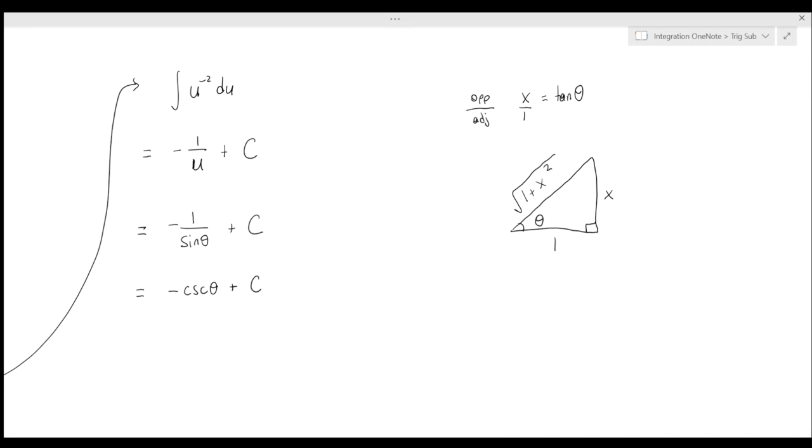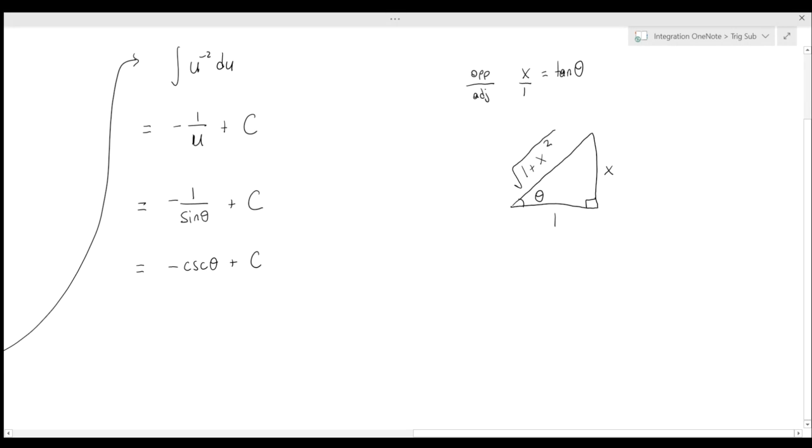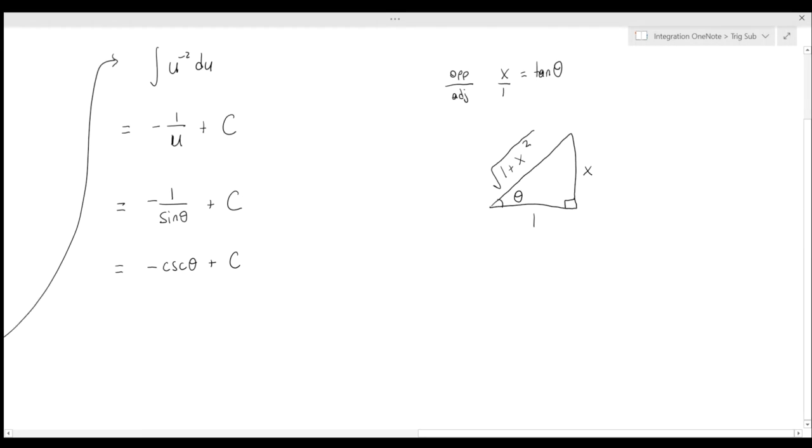And now from this triangle, I just want to rewrite cosecant of theta in terms of the sides of this right triangle. So cosecant was 1 over sine. So sine is opposite over hypotenuse. So cosecant should be the reciprocal, so it should be the hypotenuse over the opposite. Okay.